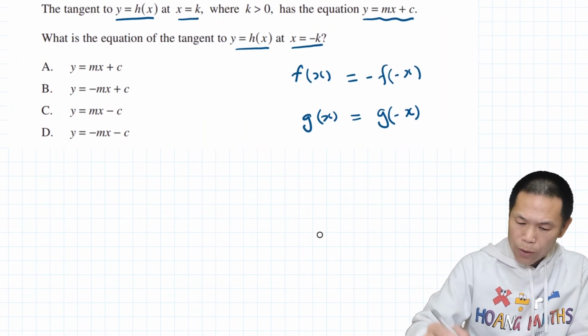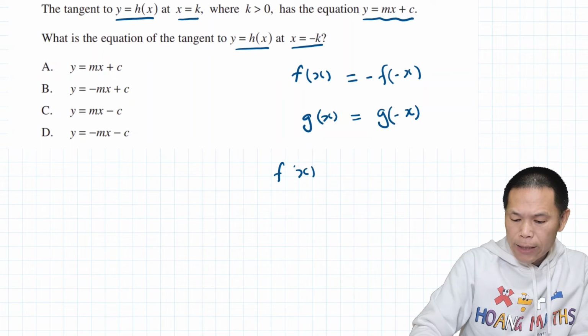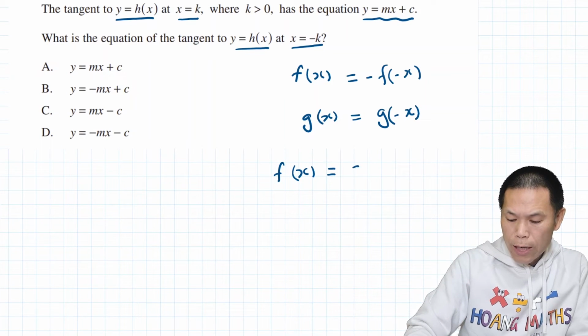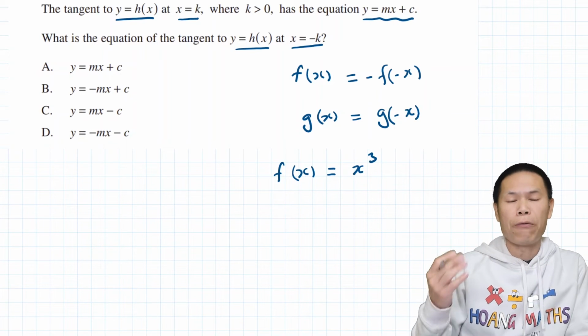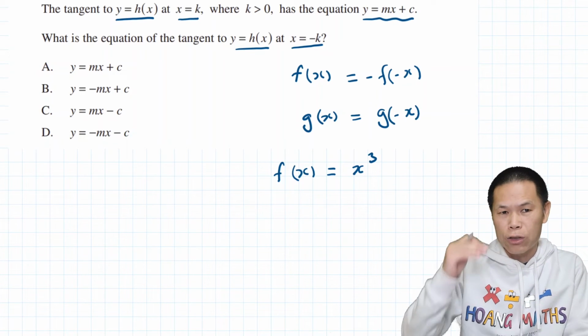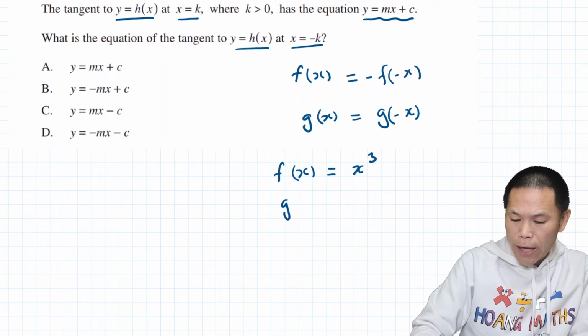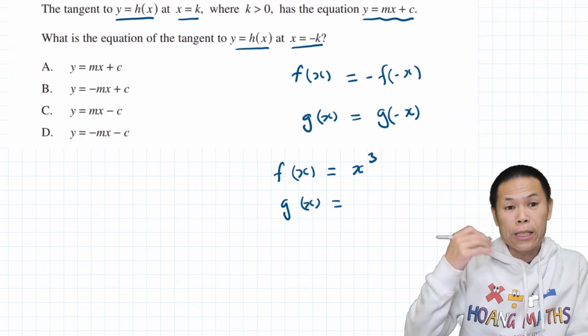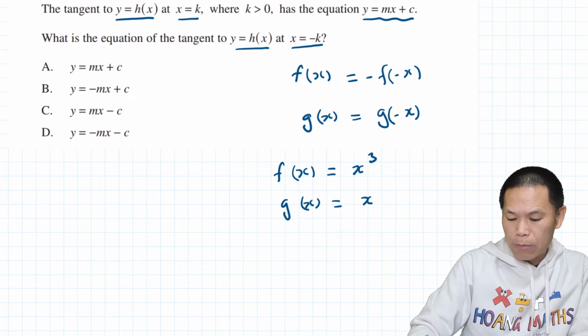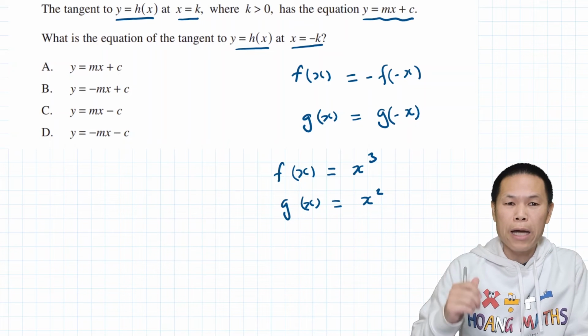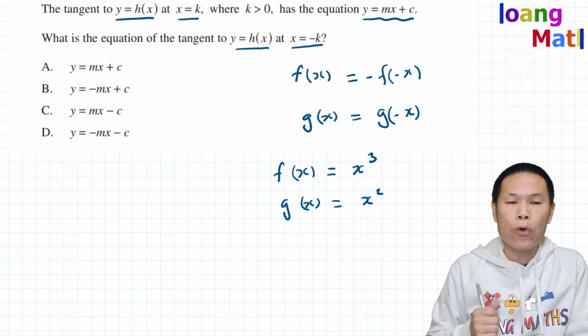First of all, let f of x be an odd function. The simple odd function is x to the power 3, or you can make it x power 5, whatever, as long as it's an odd function. And we know that g of x is an even function. A simple even function can be x power 2, or x power 2 plus 1, minus 1, or add or minus a constant. Or x power 4 if you like.